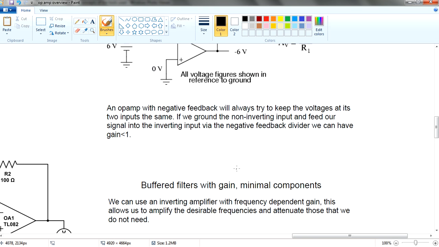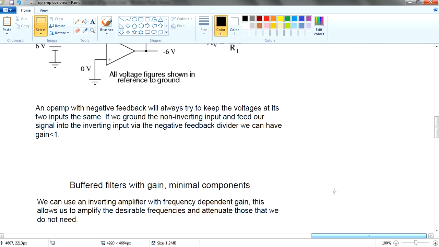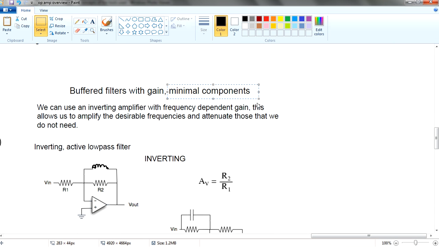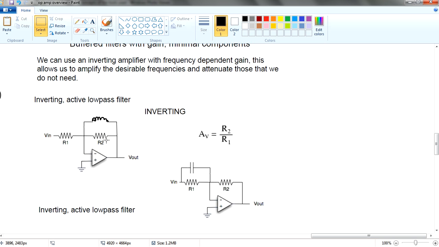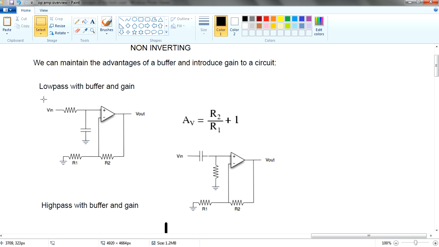I think I have explained it fairly well, hopefully it's clear for buffer filters with gain and minimal components. If you want very few components, mainly frequency dependent gain, you use this configuration. If you just want a simple amplifier with buffer, you can just use this one. That's all.